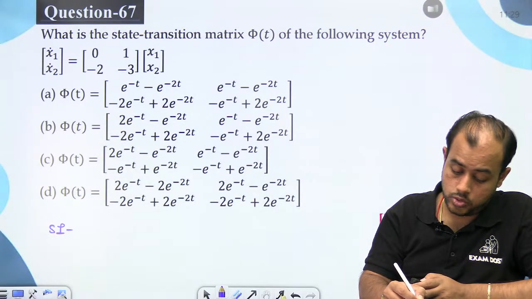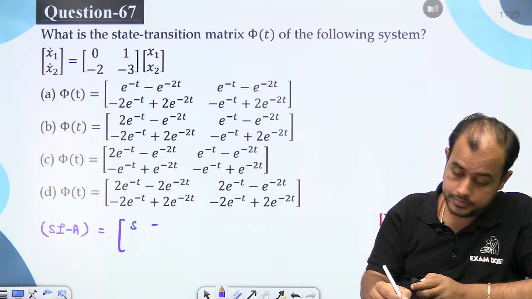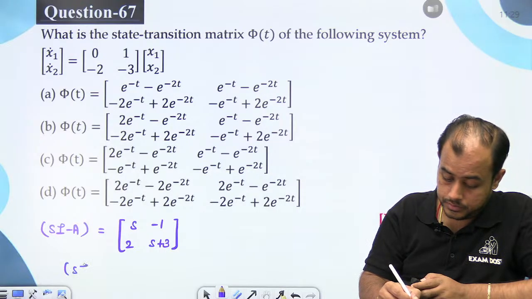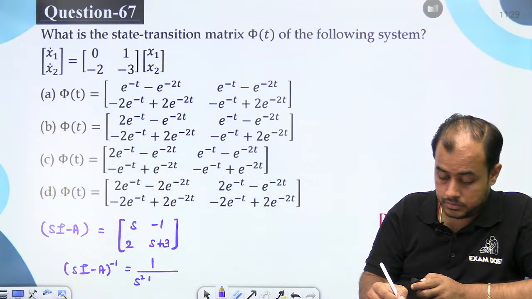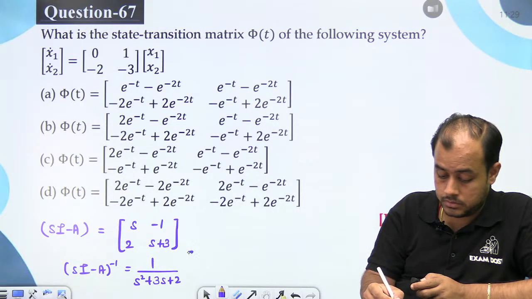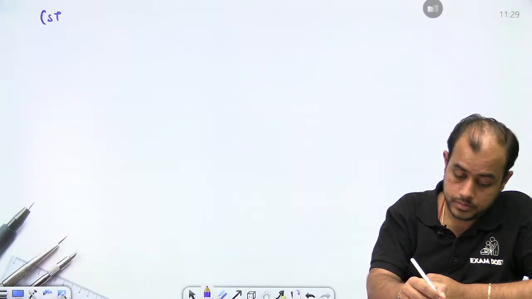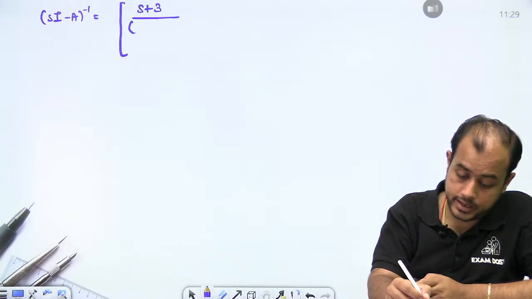ESE 2022. The denominator can be factorized.